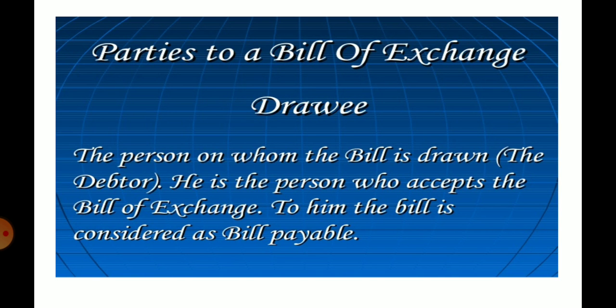He is the purchaser or debtor on whom the bill is drawn or who is liable to pay the amount mentioned in the bill. He accepts to pay that amount and the word written on the bill is accepted. And the bill is called a draft before it is accepted.